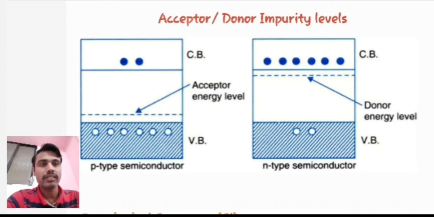On the other hand, an n-type semiconductor has holes as minority charge carriers and electrons as majority charge carriers, which are seen in the conduction band. So these are the acceptor and donor impurity levels, named after acceptor atoms and donor atoms respectively.